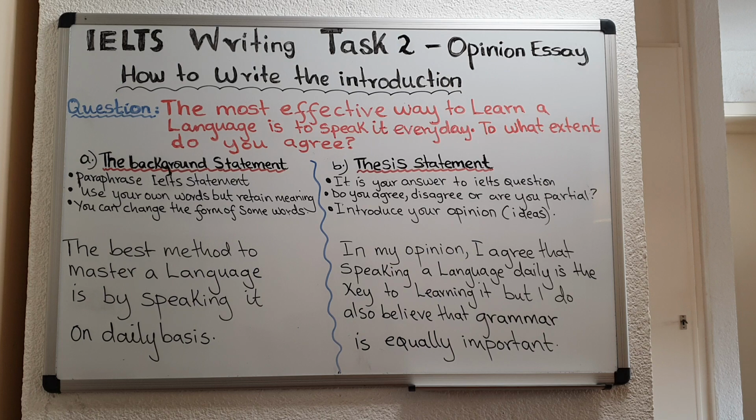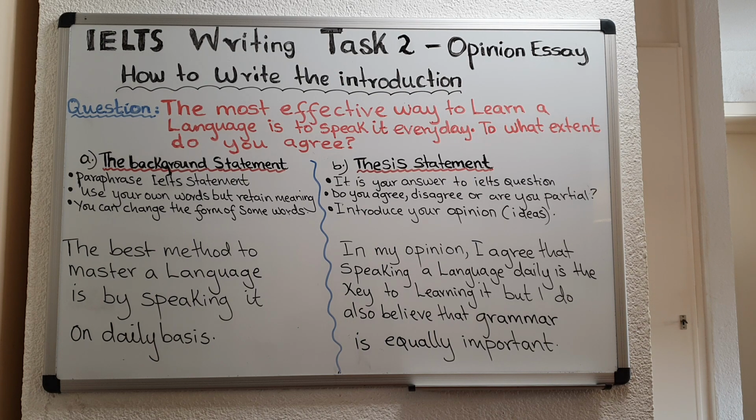You may be required to write an agree and disagree type of essay. You may be requested to write an advantages and disadvantages type of essay. It could be a cause and solution type of essay, or it could be a discussion essay.